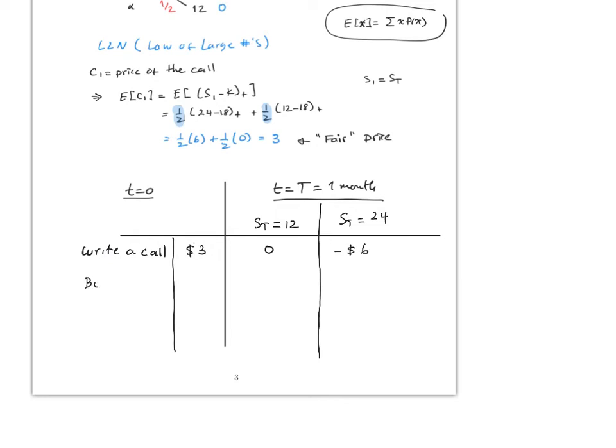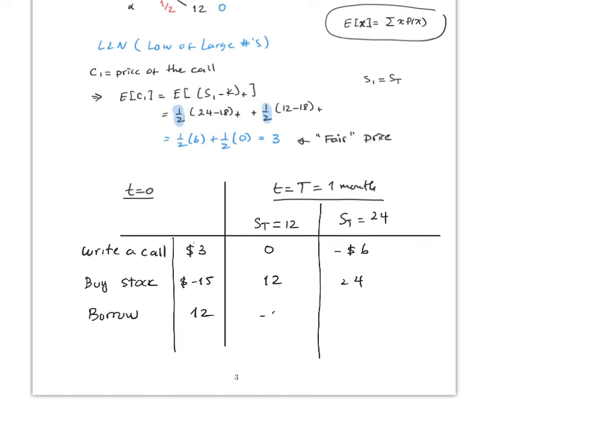Then you can buy stock. Remember, the stock price is $15, so this will be minus 15. If it goes to 12, now you have $12. If it goes to 24, you will have $24. And you borrow $12.